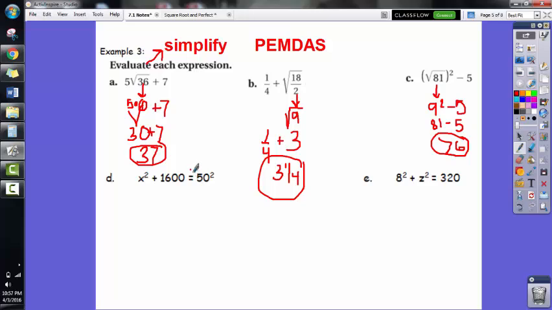Okay, next one. This is from last Friday when you did this. So first of all, I've got 50 squared. I need to simplify that. 50 times 50 is 2,500. Okay, I want to get x by itself, so I need to subtract 1,600 from both sides. That's gone. Subtract 1,600 here. 2,500 minus 1,600 is 900.